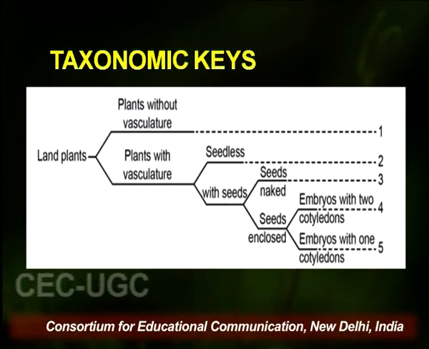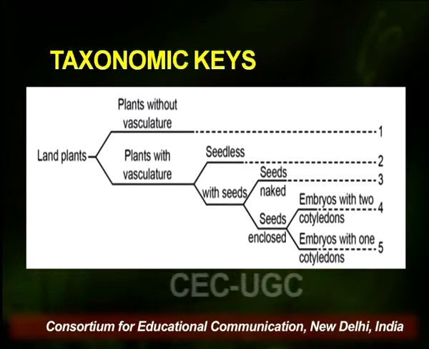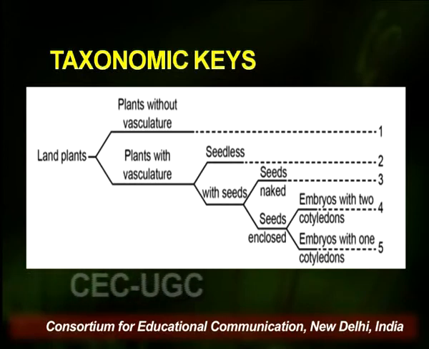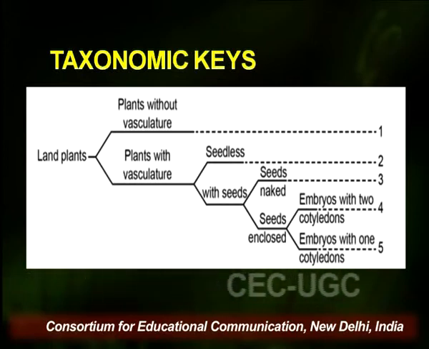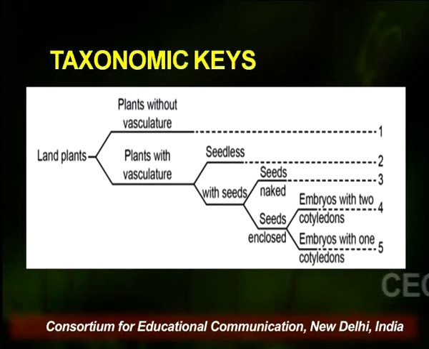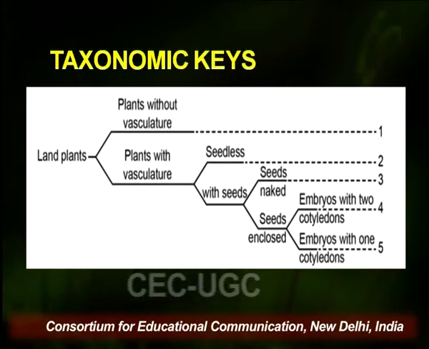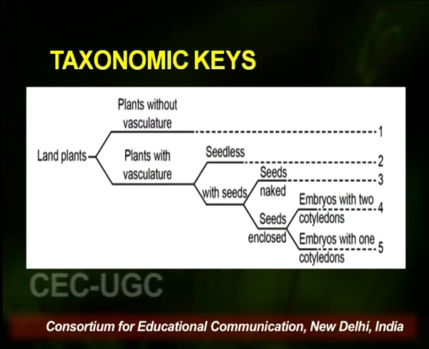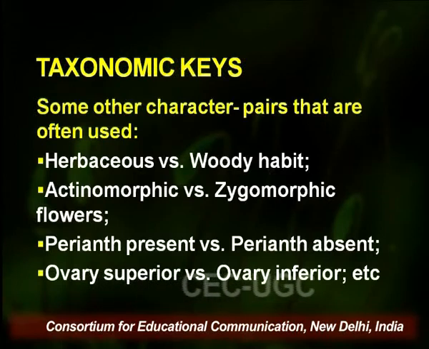If the unknown plant which we are studying doesn't fall into this category, then we group it into the other one, which is plants with vasculature, which have xylem and phloem, or are known as higher plants. Now, these are further divided into smaller groups based on the presence or absence of seeds, and if seeds are present, then we can further divide into seeds which are naked and seeds which are enclosed, and so on and so forth.